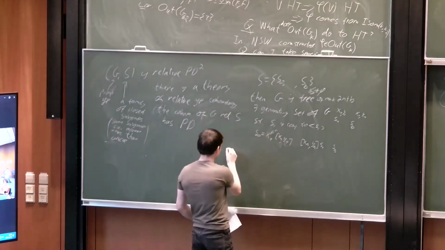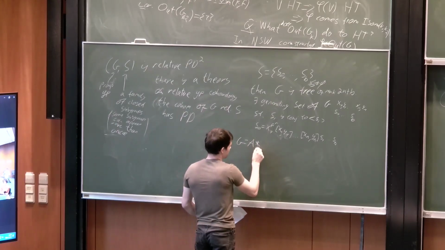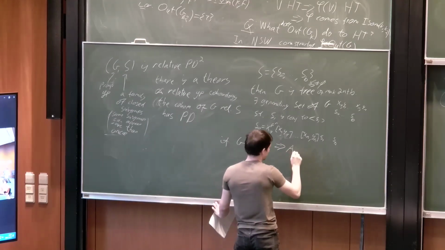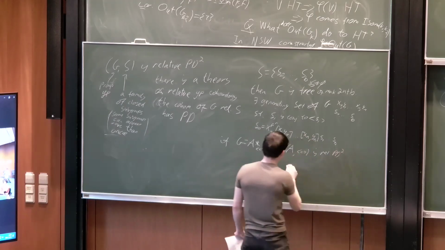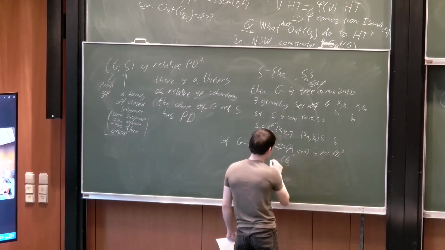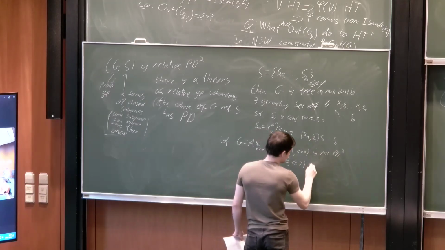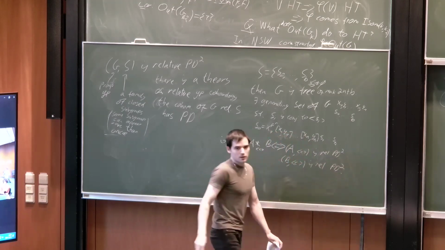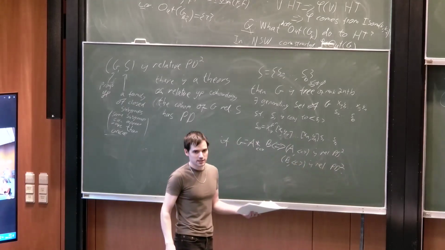So if G is equal to A amalgamated over C with B, then A relative to C is a relative PD_2 group, and also B, and vice versa. So this already gives you a structure of exactly how they can look.